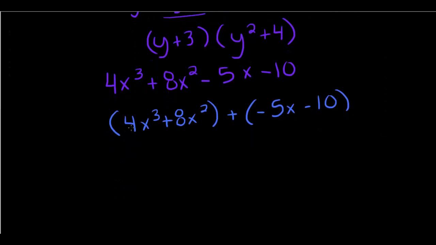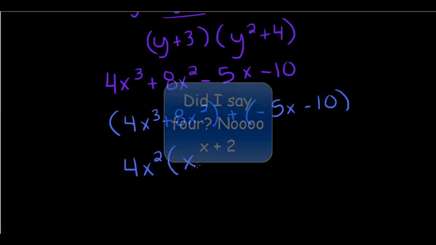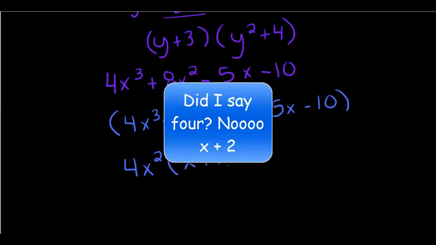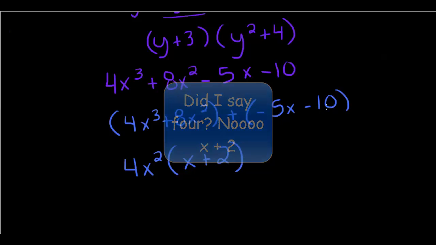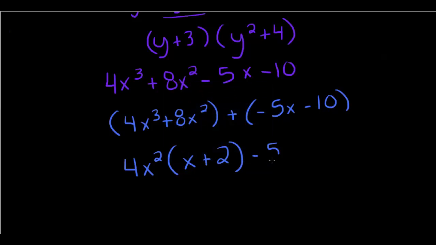The common factor amongst these two is going to be 4x squared. Inside of the parentheses, I will have x plus 2. Now the greatest common factor amongst these two is going to be negative 5. Inside of the parentheses is x plus 2. Again, you can always go back and check your answer.